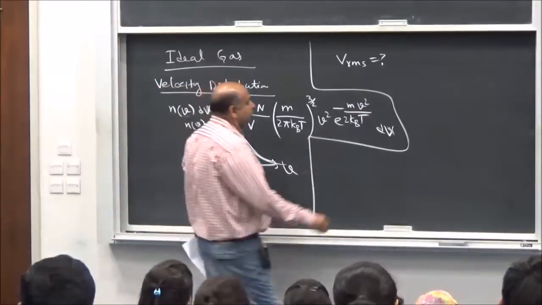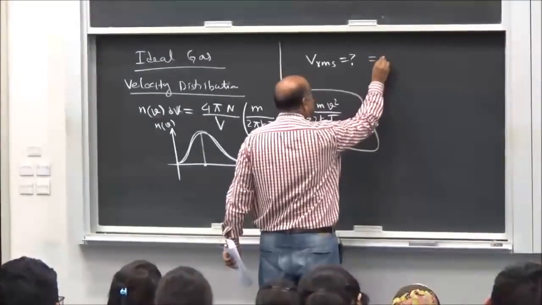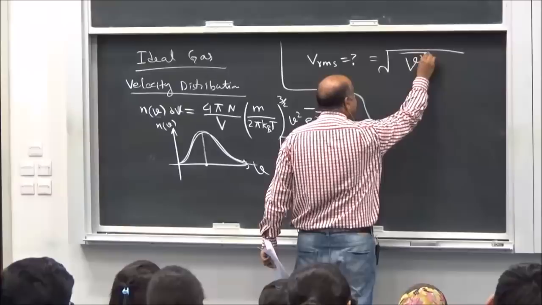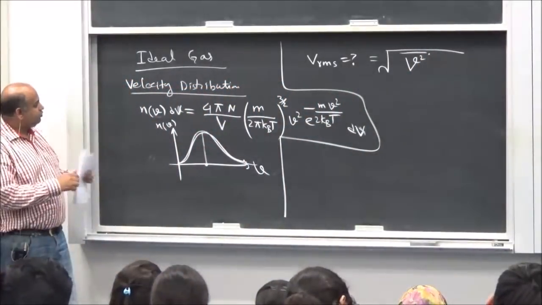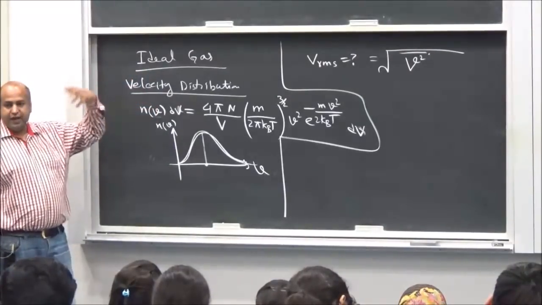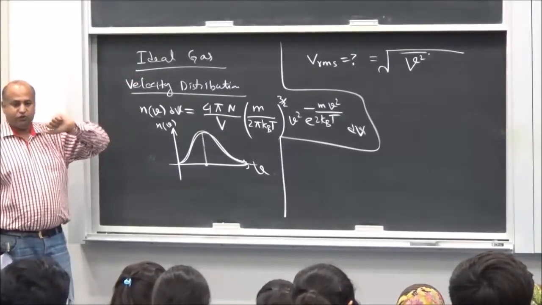So ये क्या होगी? This is nothing but the square root of average of v square. कि पहले तो आप velocity का square find करें, which is simply v square, फिर उसकी average ले लें, and उसका square root जो है that is the root mean square velocity.